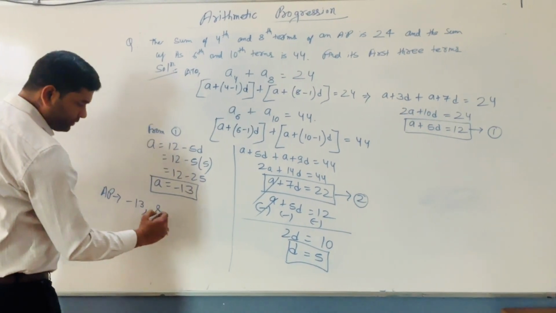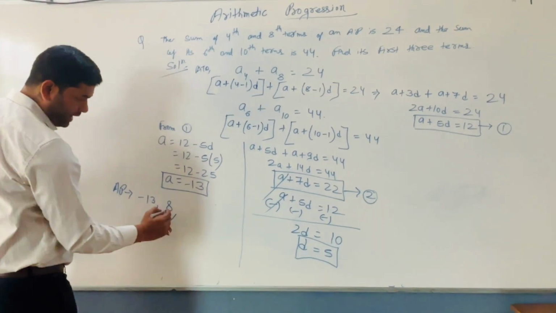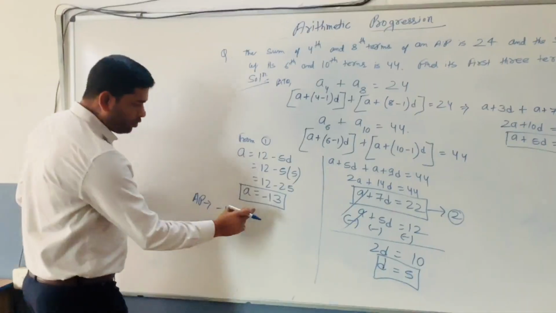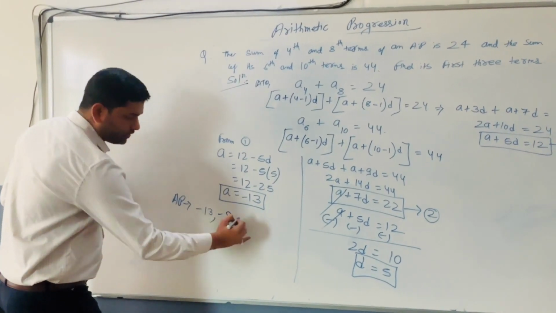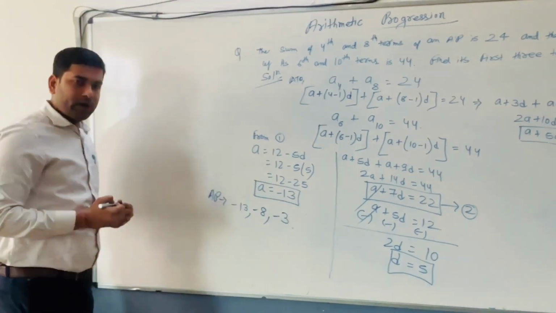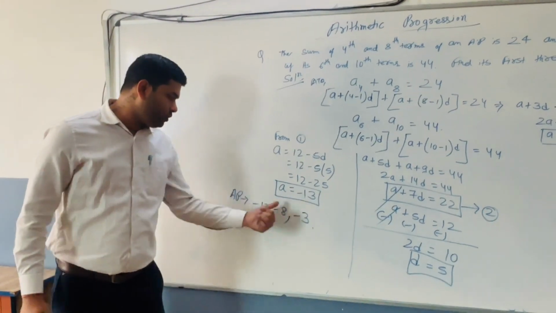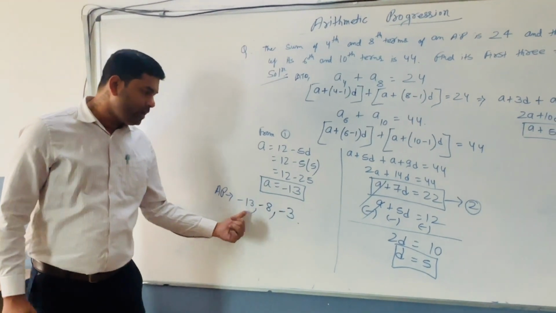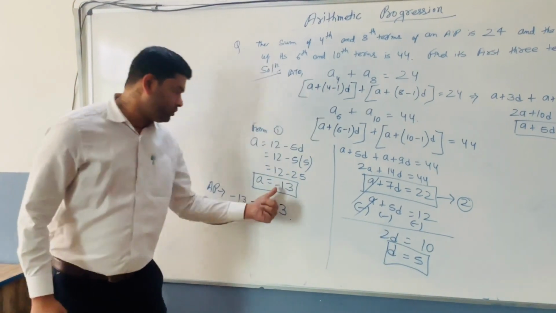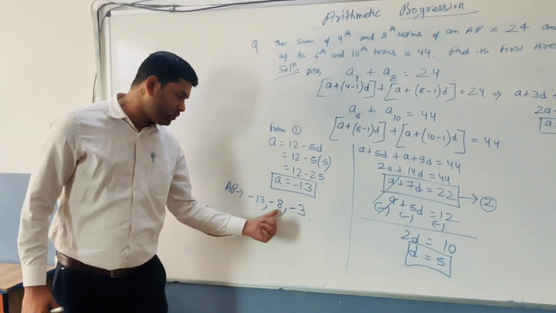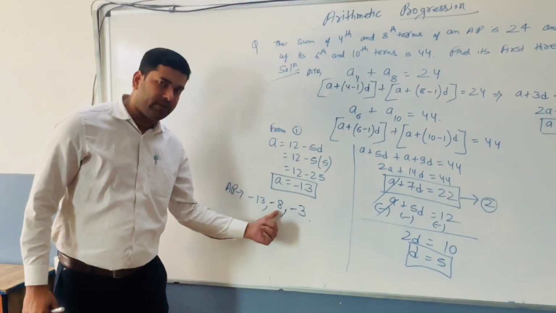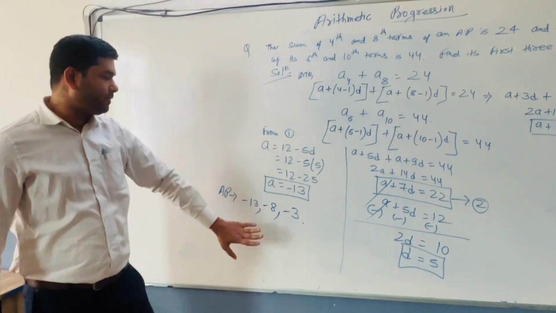So the first term is minus 13, the second term is minus 8, and the third term will be minus 3. Simply what we have done: A is minus 13, so we simply add 5 to get minus 8, and then add 5 again, minus 8 plus 5, that is minus 3. So this is our answer.